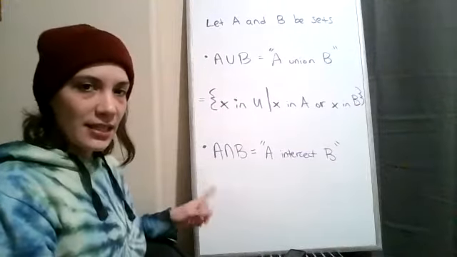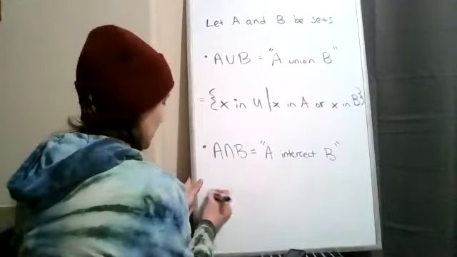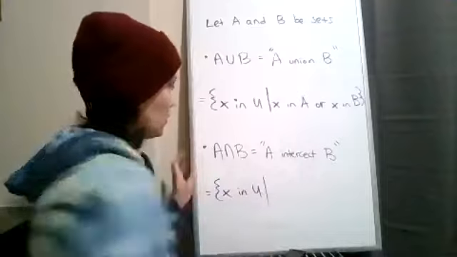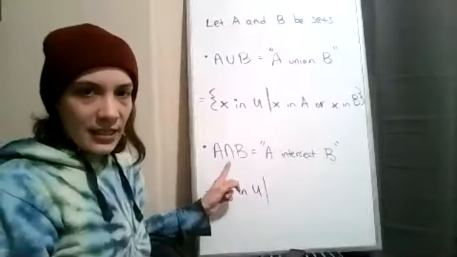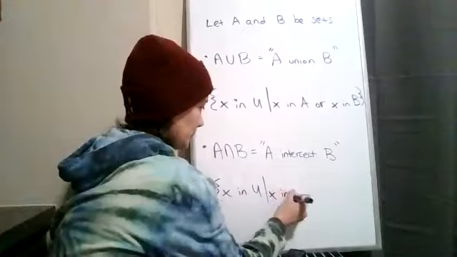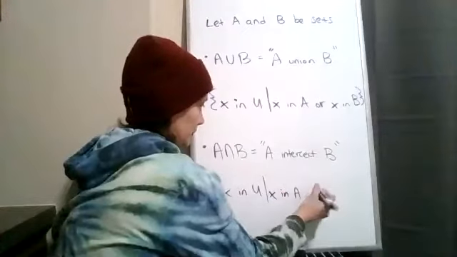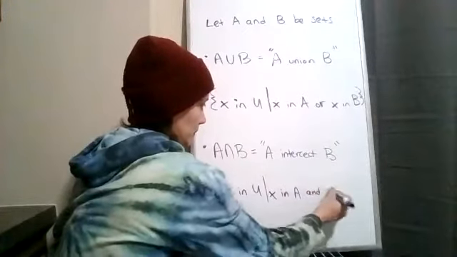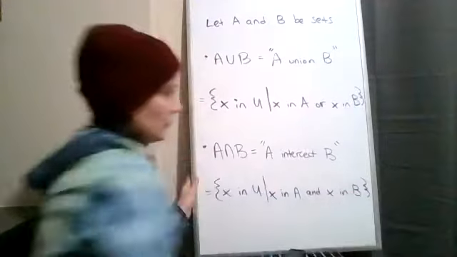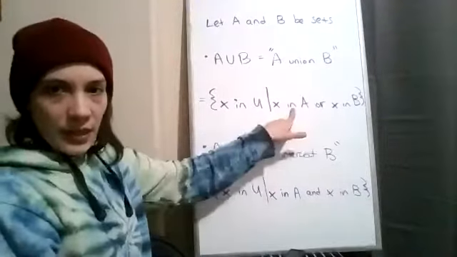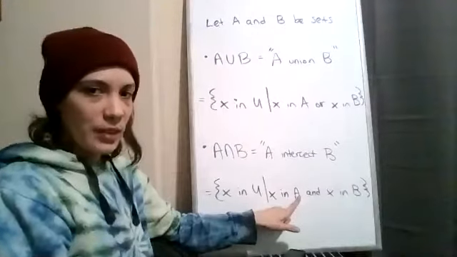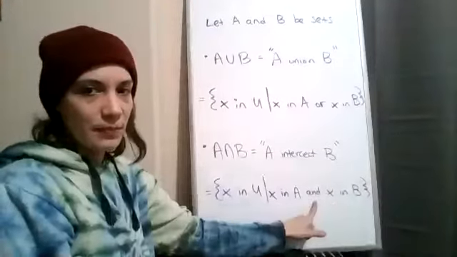So it's the set of x in U where x is in A and x is in B. So with or, it can be here, it can be there, it can be in both. This set and means it has to be in both A and B at the same time.